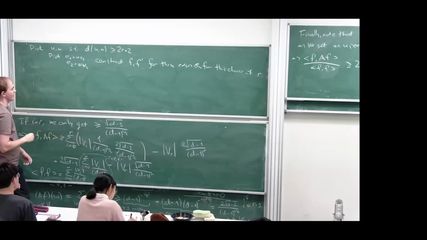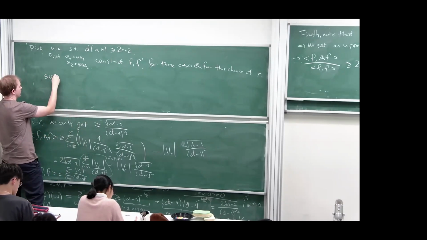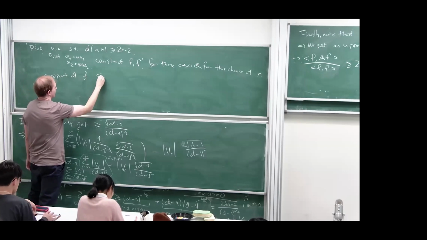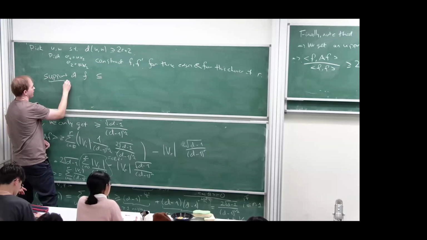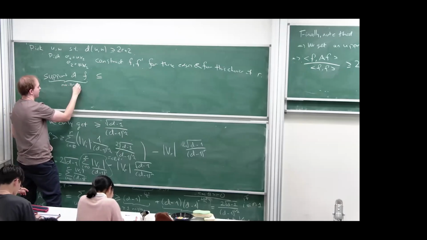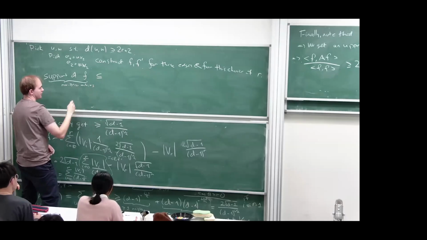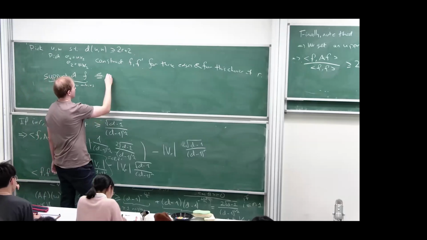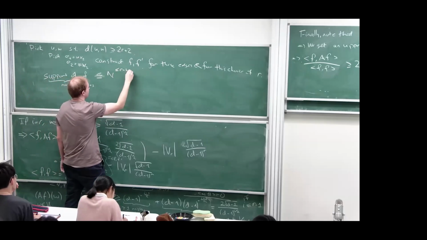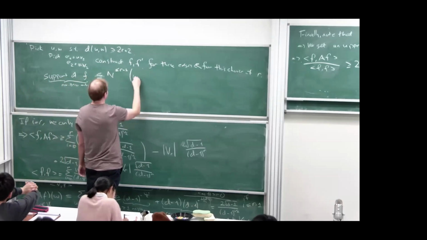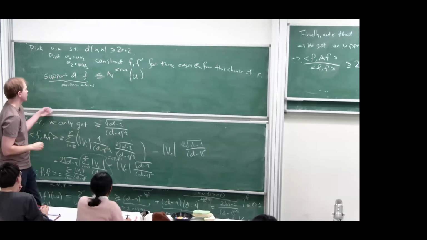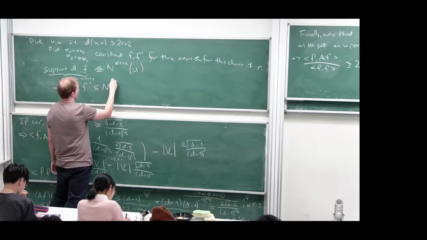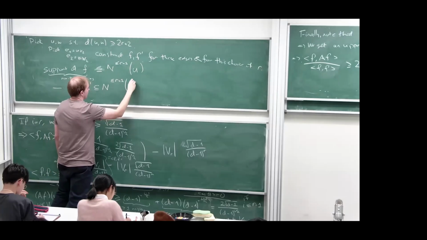Let's actually assume that we have a strict inequality. The support of f, i.e. the set of non-zero entries, is contained in the vertices which are at most distance r plus 1 away from U. And similarly, the support of f prime is contained in this set.